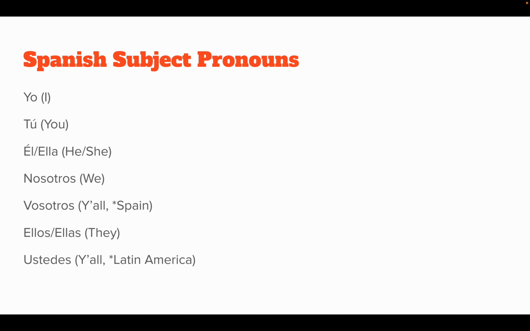And in a nutshell, we use ellos when we're talking about either a group of just men or a group of men and women mixed, while the only case we would use ellas is if we were talking about just women. Other than that, verbs are always conjugated the same way for both ellos and ellas. Just think of it as extra clarification when you speak Spanish.